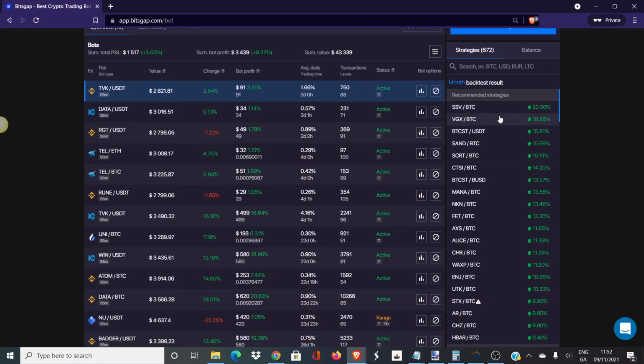So here in the Bitsgap software, I'm in the demo mode now. And on the right side panel, we have something called strategies, right? It's recommended strategies by Bitsgap. It's basically aggregated data from the users that try the different strategies. And this gives you the data from the past performance of the coin, which doesn't really tell you how the coin is going to perform in the future, right?